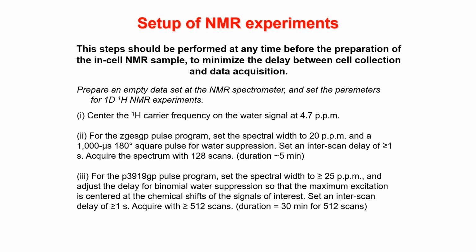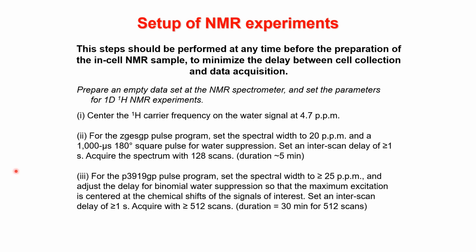Then I set an interscan delay of 1 second. It could be longer if you need. And then I normally acquire this with 128 scans that last roughly 5 minutes. So this comes before any other experiment that I use.